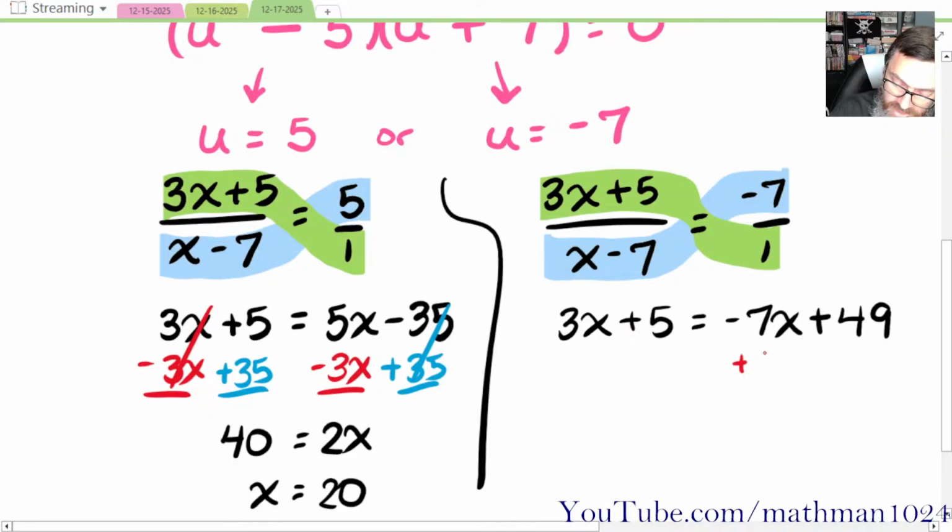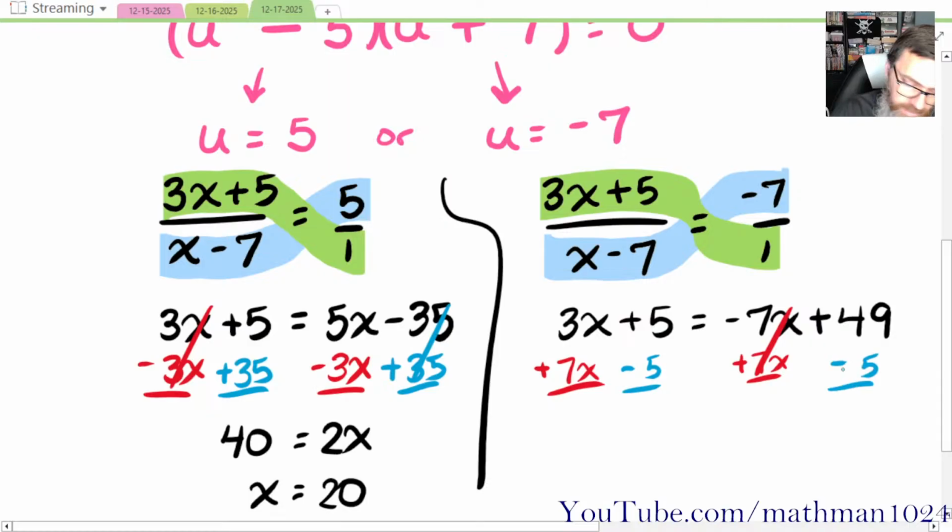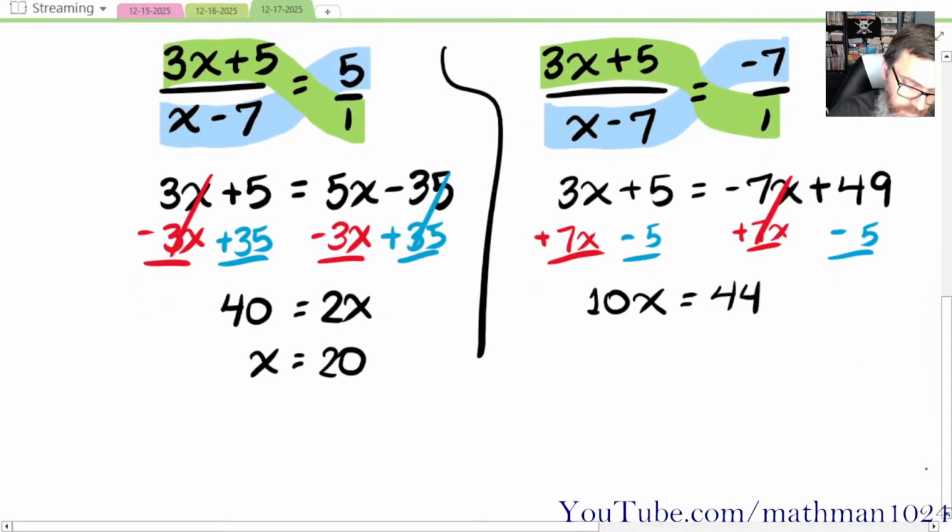I'm going to move my x's to the left this time to get a positive coefficient there. X's go to the left, my constants go to the right, so I'm going to subtract 5. We have 10x equals 44. Divide both sides by 10 and reduce.